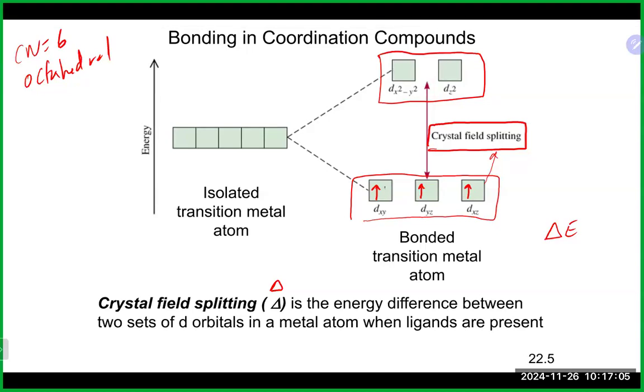They will fill the lower ones first before they have to jump upwards to the higher energy orbitals. So it can affect how the electrons are distributed in the transition metal when a ligand is present. It will create different types of complex ions, as we'll talk about in a second, in terms of how many unpaired electrons there are versus paired electrons.